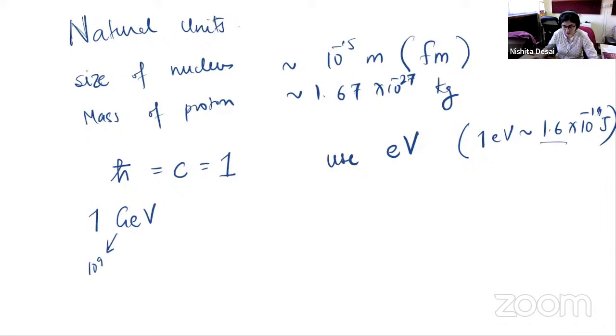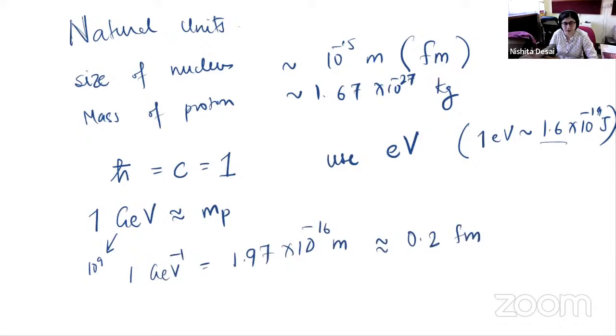If 1 GeV is almost exactly equal to the mass of the proton, that comes out to the same number, and also GeV inverse comes out to be about 10 to the minus 16 meters, which is approximately 0.2 Fermi, which is the size of a typical nucleus. Okay? So these numbers are very useful because if you talk in terms of GeVs, then you're at the right energy scale and the right length scale to talk about the phenomena that you want to talk about. Okay?